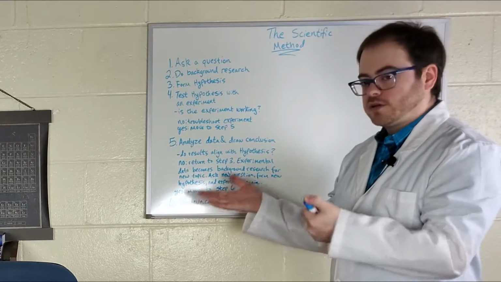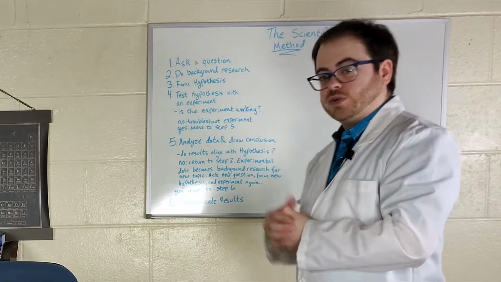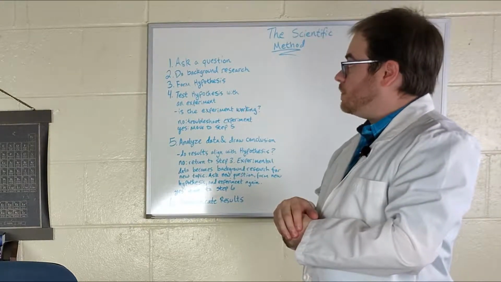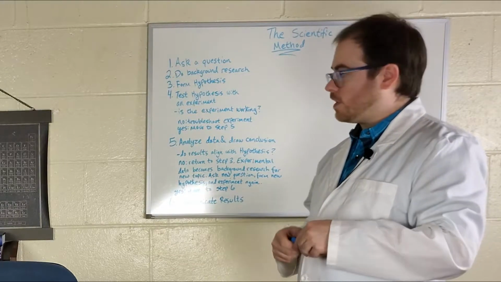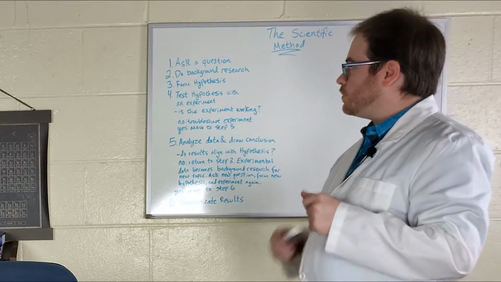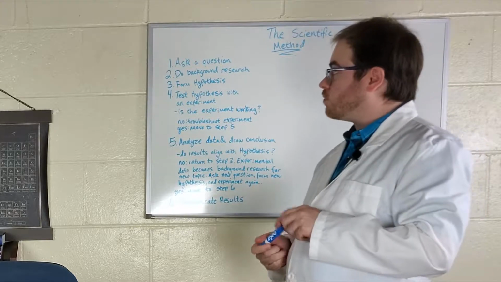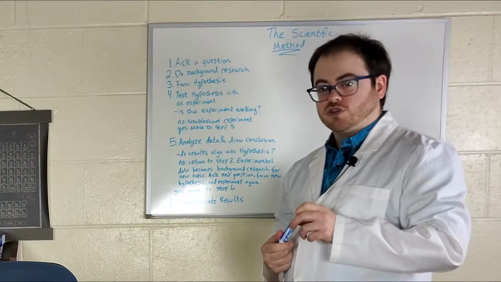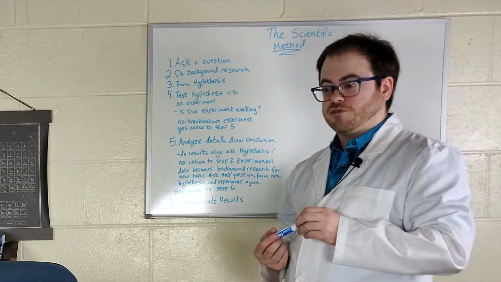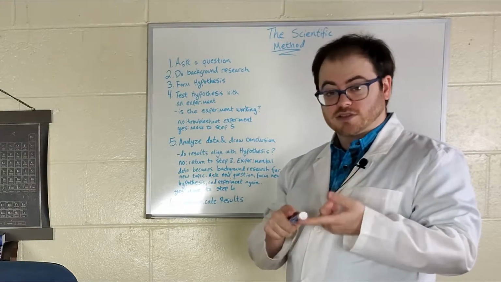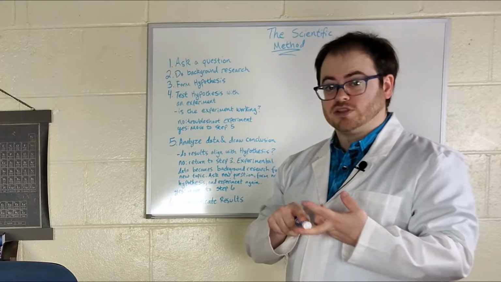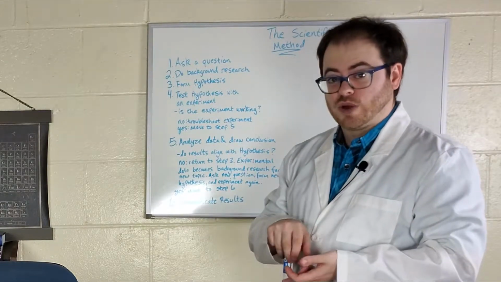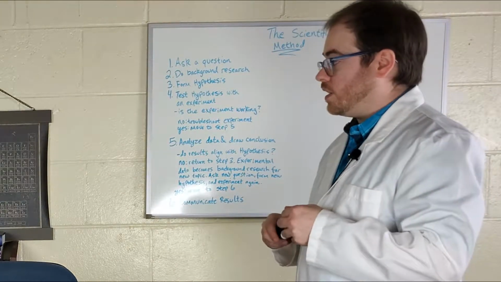Your step one is going to be to ask a question. This question is something that you want to know about the world or the universe, right? Once you've got your question, then you're going to do some background research. Your background research is going to determine if, one, anybody's asked that question before, two, if they've asked a similar question, or if you're the first one to ask that question at all.